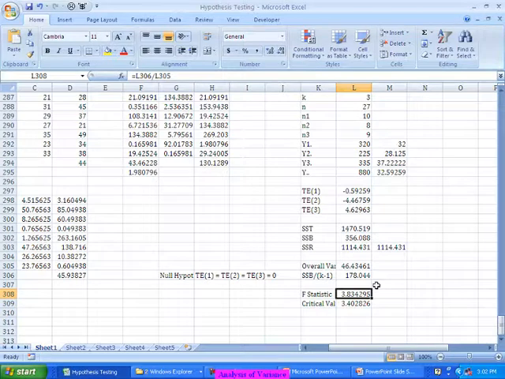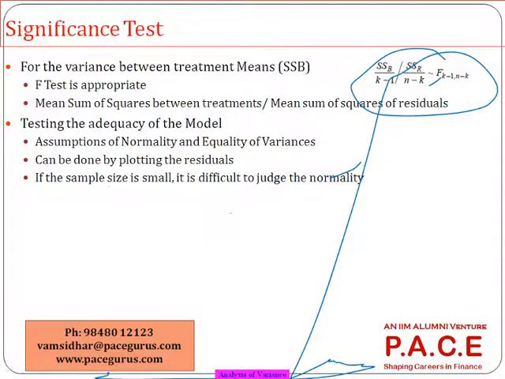And now the next aspect comes. Just going back, the significance test is SSB by k minus 1 divided by SSR by n minus k, and we are doing the appropriate testing.